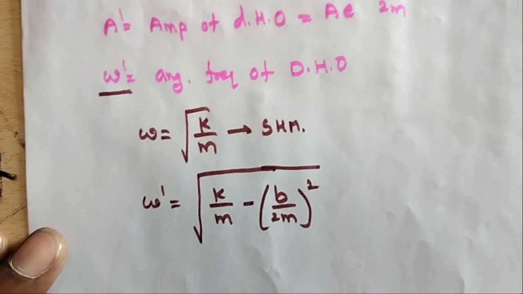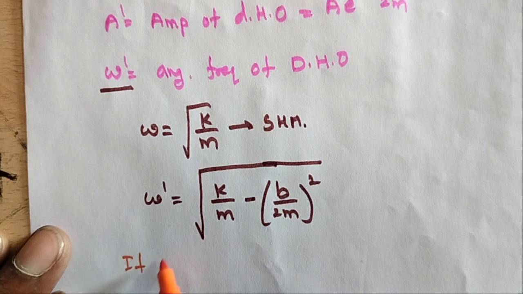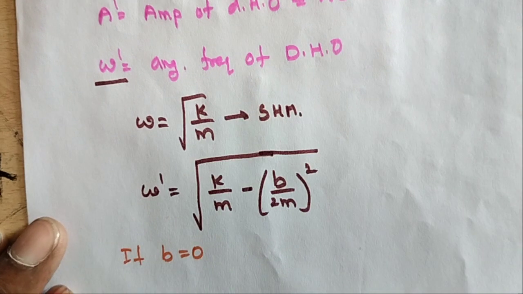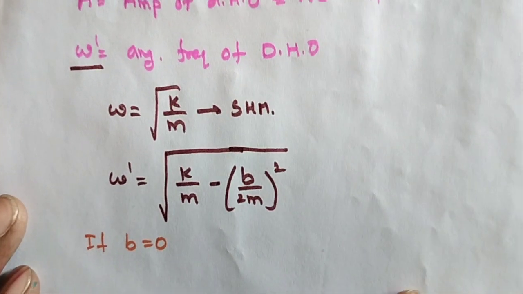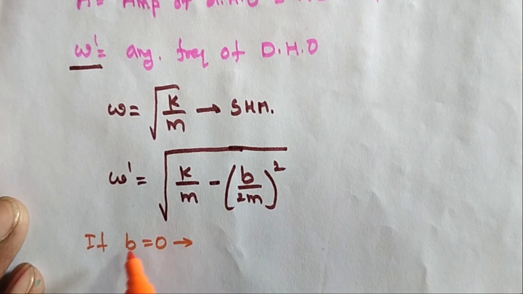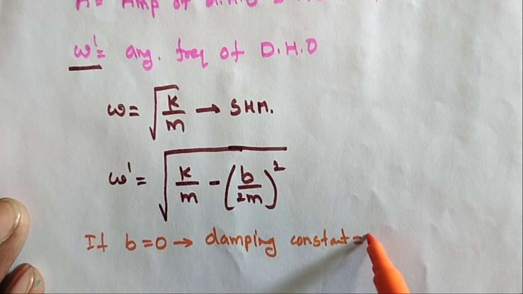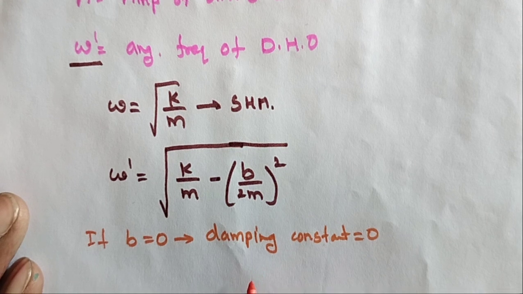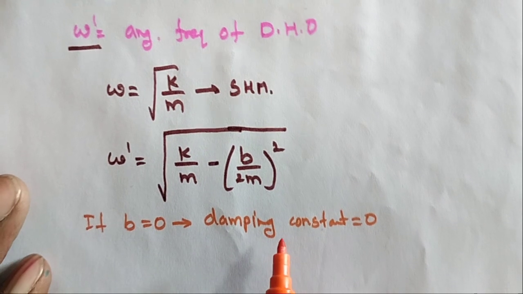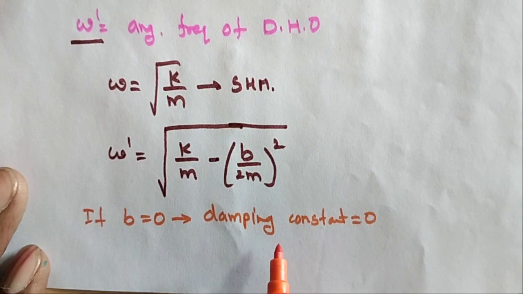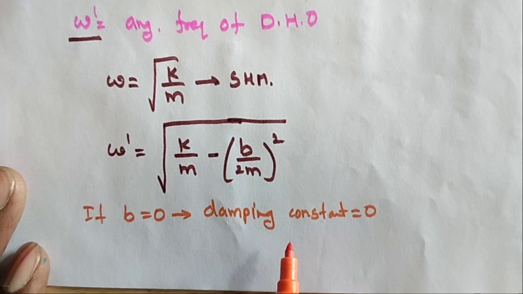Suppose b is equal to 0. What is the b value? b is the damping constant. Suppose the damping constant is equal to 0, means there are no damping forces, no frictional forces, no air forces.